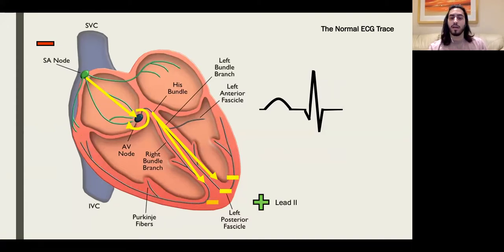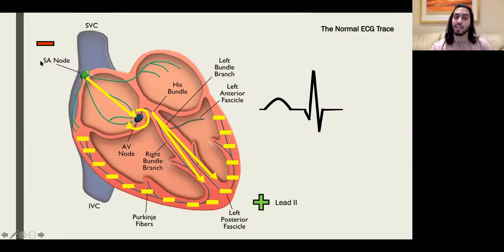Now, when we want to actually repolarize the heart, you start at the base and all of these positives end up becoming negatives. So you have a negative charge that goes all the way up from the apex to the base on either side of the heart. When you have a negative potential going towards a negative electrode, you'd expect a positive deflection.